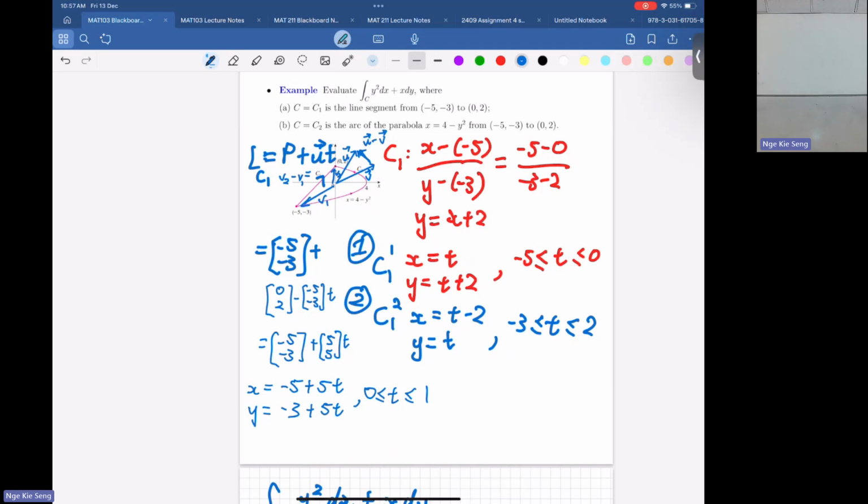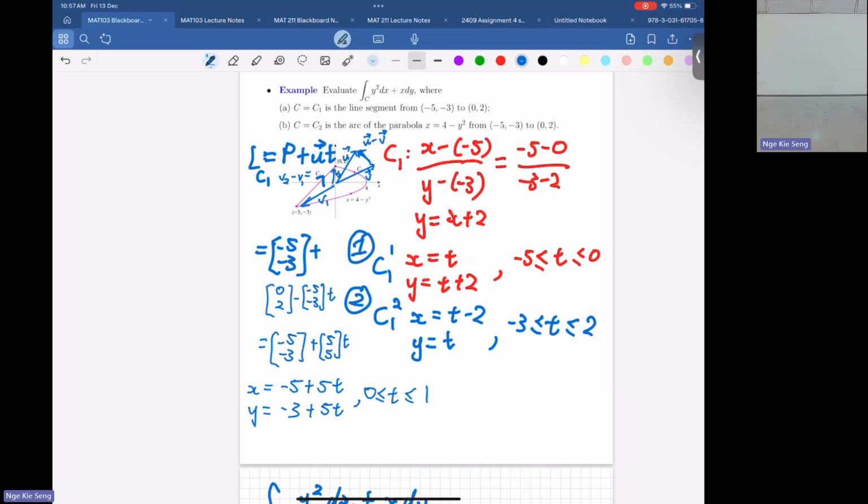But in this case, you try to make your line into an arc length type parameterization. So you start from 0 to 1. You take your time from 0 to time 1 to complete the line.